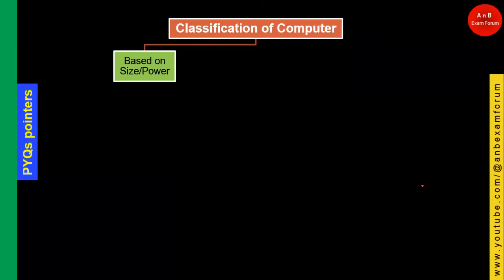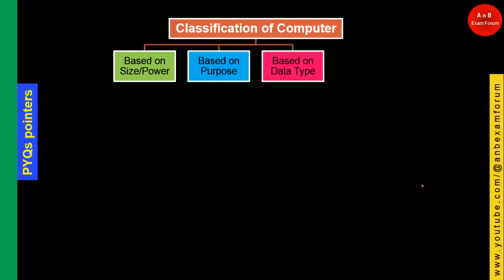Based on purpose, for what purpose the computer is used, we can classify it, and afterward we are going to see based on the data types. Which type of data it is taking as input, you can classify on that also. And finally, based on the functionality, for what functionality it is going to be used, you can classify the computer.